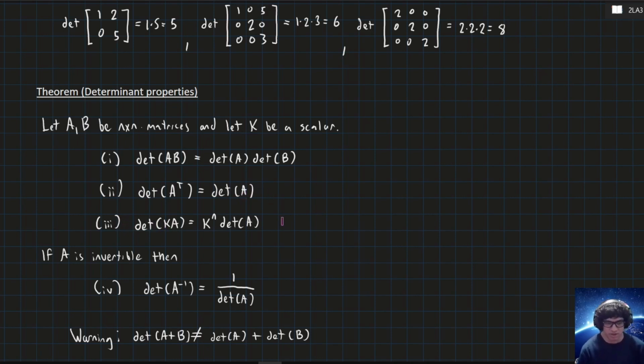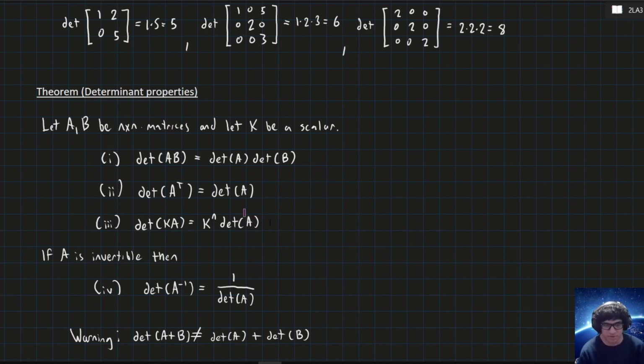The third property describes how you can take the determinant of a scalar times a square matrix A. What you can do is factor out the k, and if you do that, you raise it to the power n, where n is the size of the matrix you're working with.